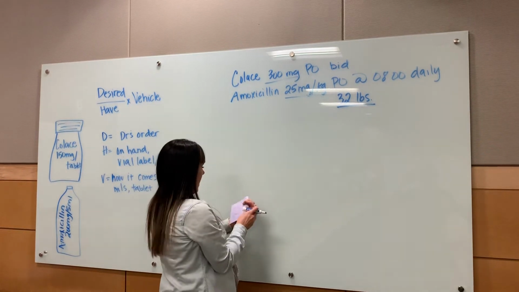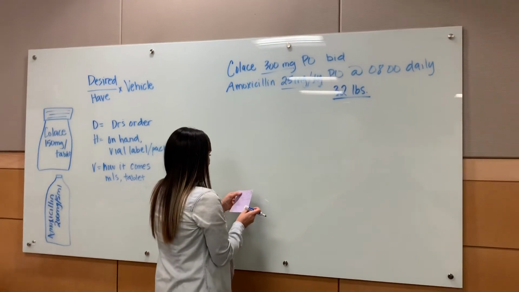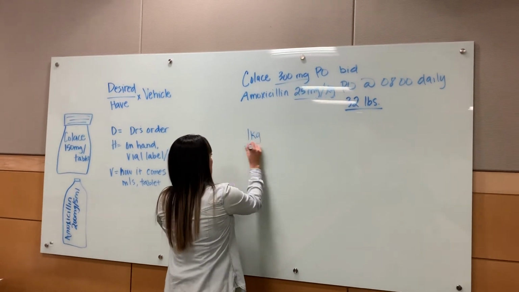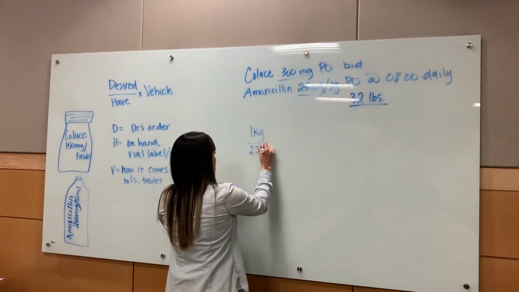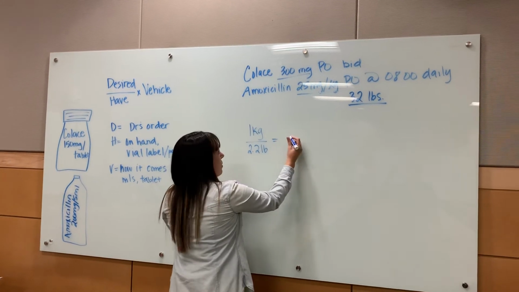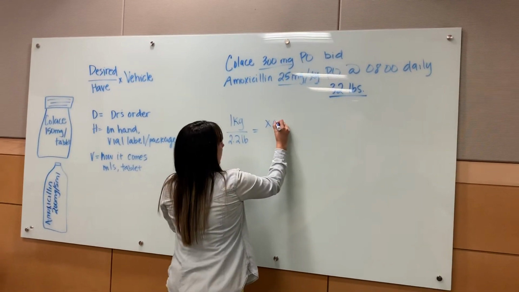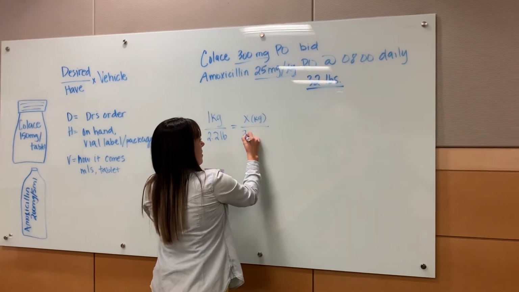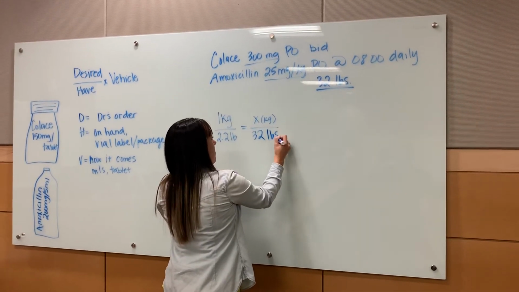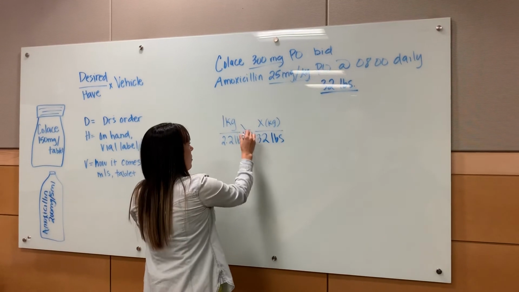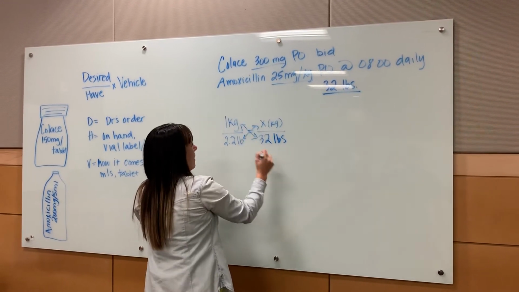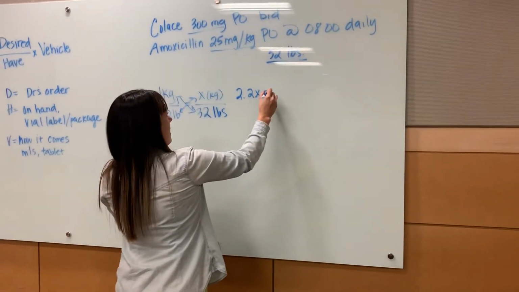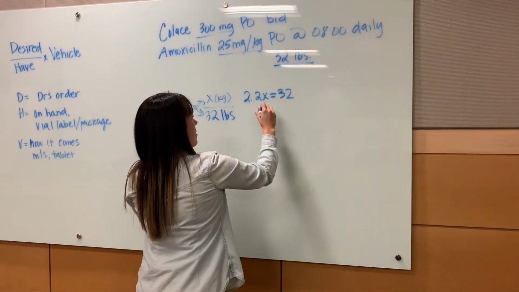If we have 1 kilogram over 2.2 pounds equals X kilograms, because we want to know how many kilograms is equal to 32 pounds, we'll cross multiply and end up with 2.2x equals 32.